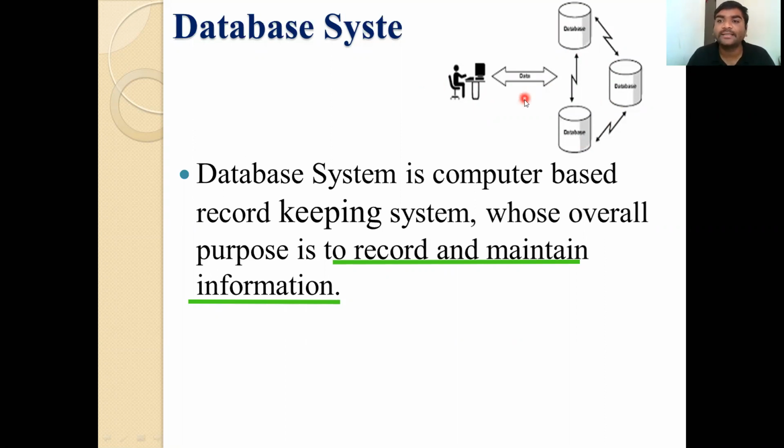It is bidirectional. The computer user can store information in the database, as well as retrieve information from it. So a database system is a computer based record keeping system whose overall purpose is to record and maintain the information.